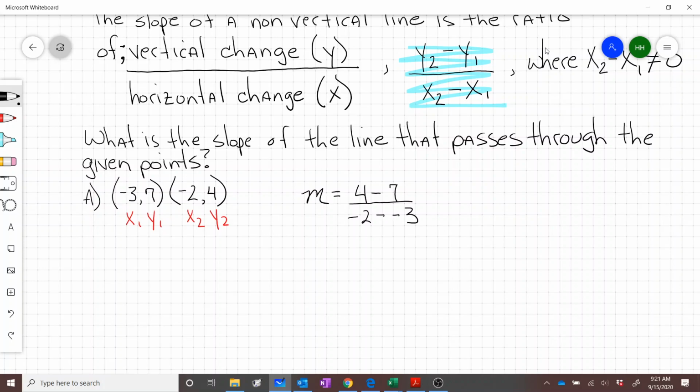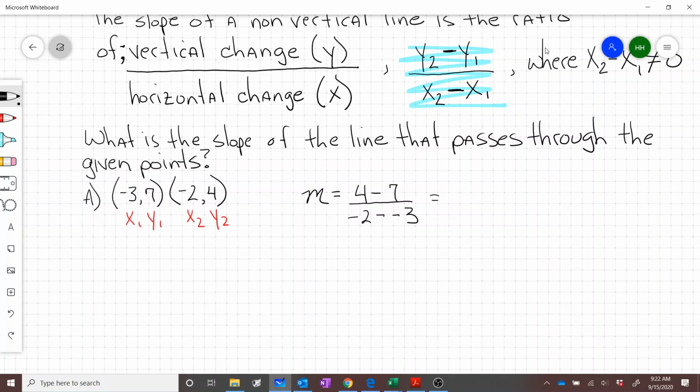Notice in this slope formula that you're finding the difference in the y's divided by the difference in the x's. Be very careful when you're dealing with negatives, because as you can see, your x sub 2 minus your x sub 1 is negative 2 minus a negative 3.